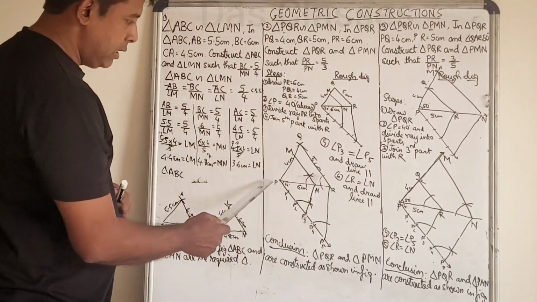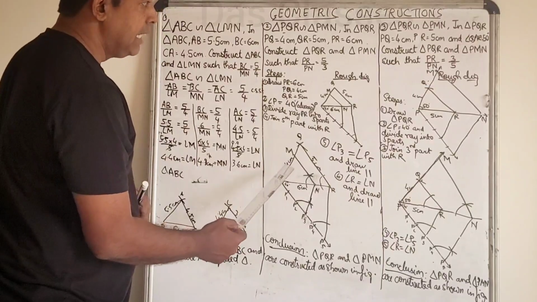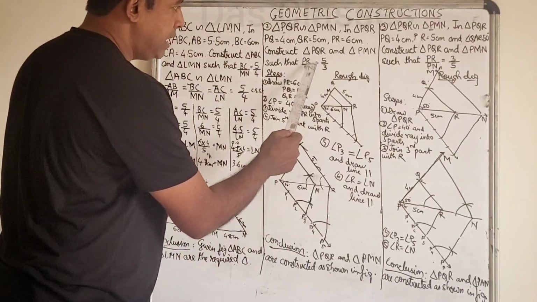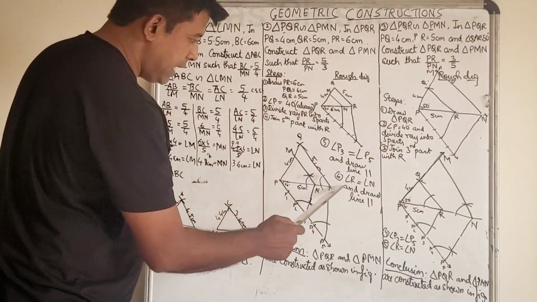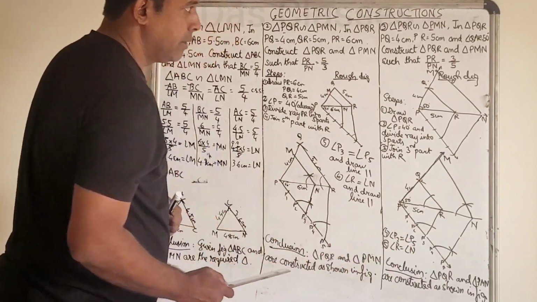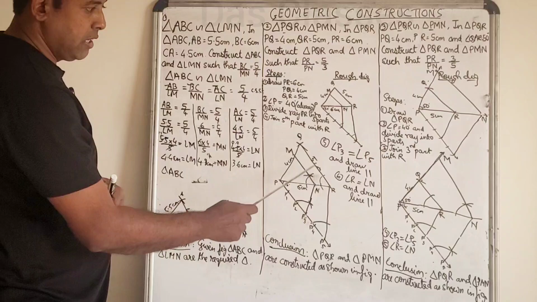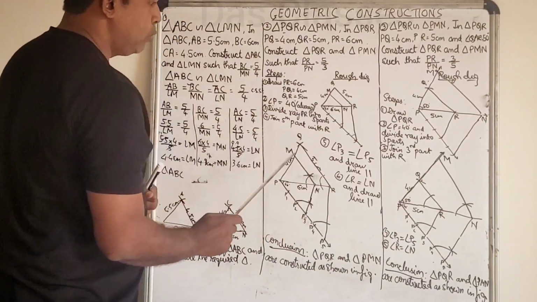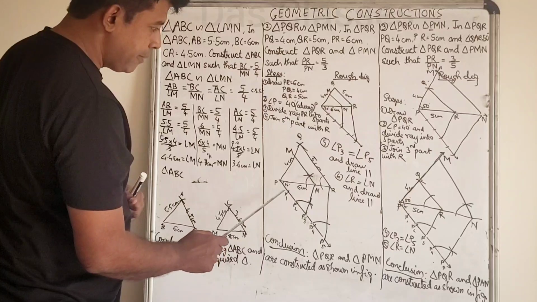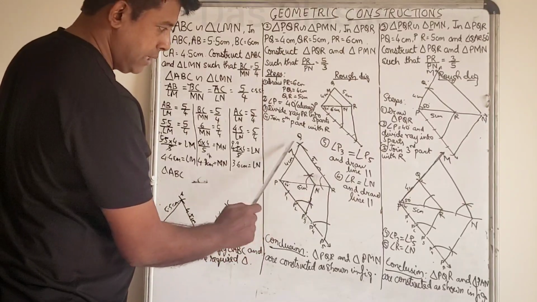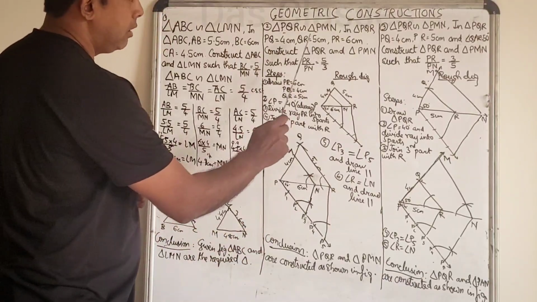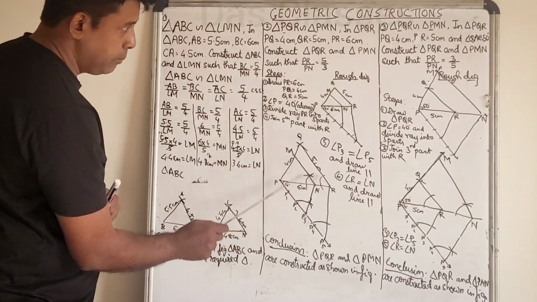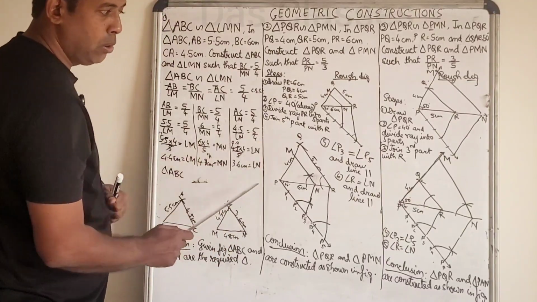The common letter is placed on the left hand side, and the base will be whichever ratio is given. Over here PR and PN are given, so the base is going to be PR in both cases. The only difference, if you look at the second sum and the third sum, is that the triangle that was given to us is on the outside, and the similar triangle PMN came inside because that was the smaller ratio.